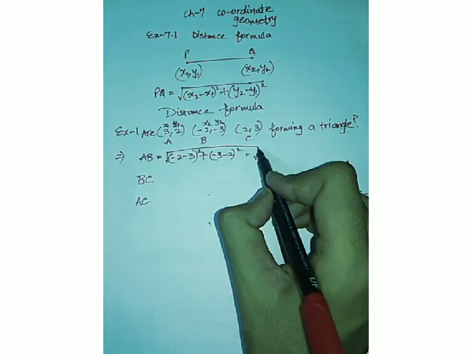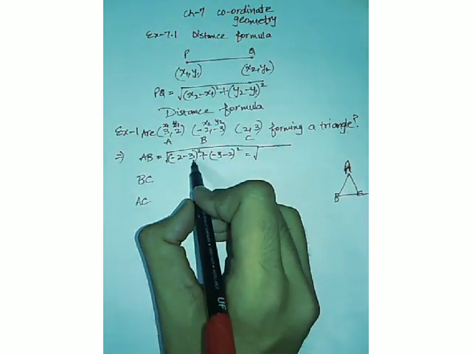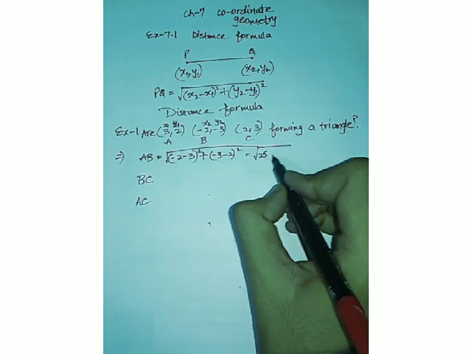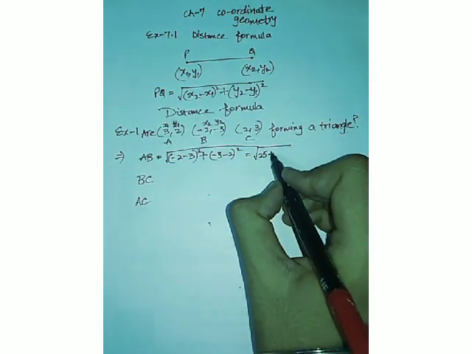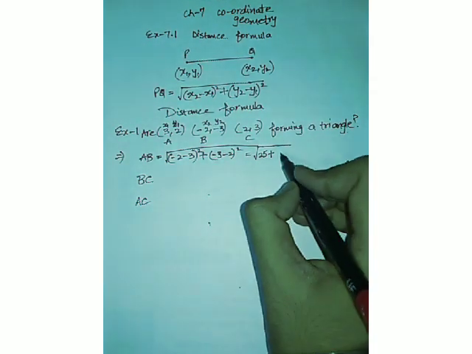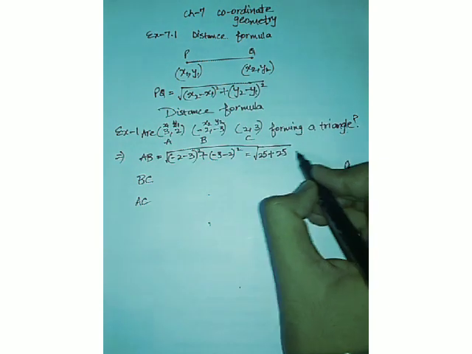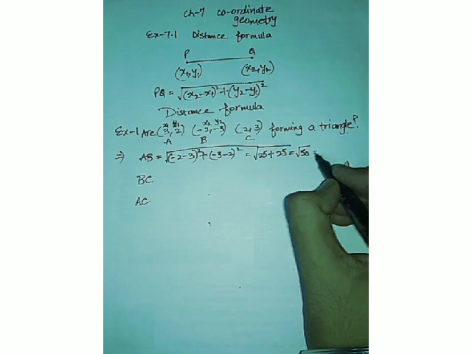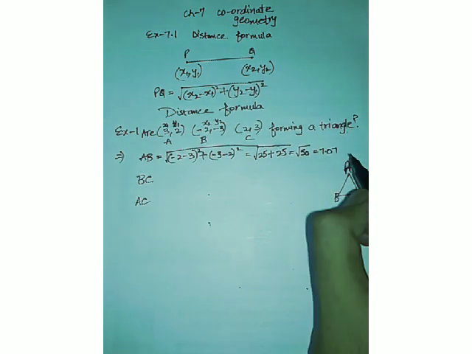What will you get? You will get minus 2 minus 3, that is minus 5, and minus 5 square is 25, plus minus 3 minus 2, that is minus 5, minus 5 square is 25 again. So 25 plus 25 is root 50, and root 50 is approximately equal to 7.07.